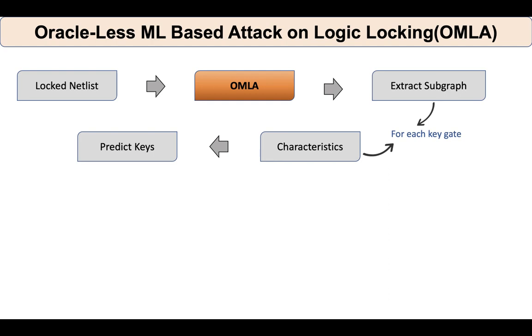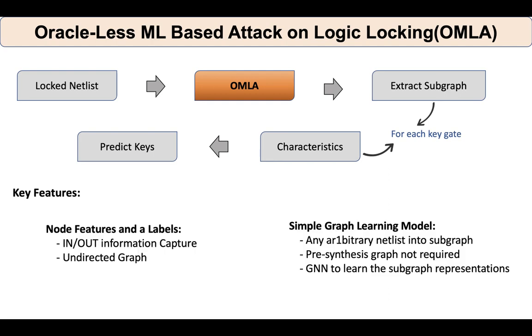Now I will discuss another machine learning guided attack, that is OMLA, Oracle-less machine learning based attack on logic locking. Like SAIL, OMLA takes a locked netlist but it does not predict any recovered subgraph. Moreover, it predicts key bits directly by analyzing the characteristics of the subgraph.